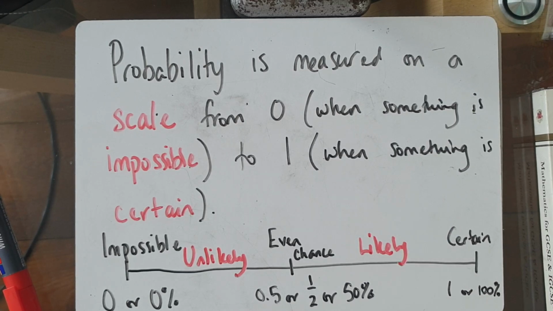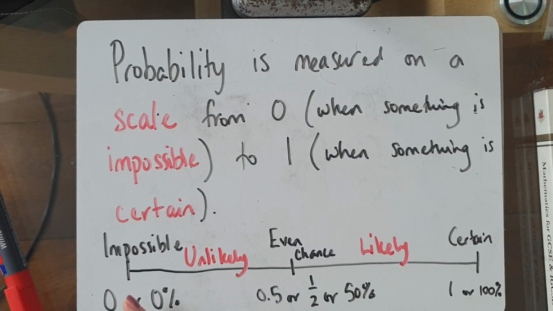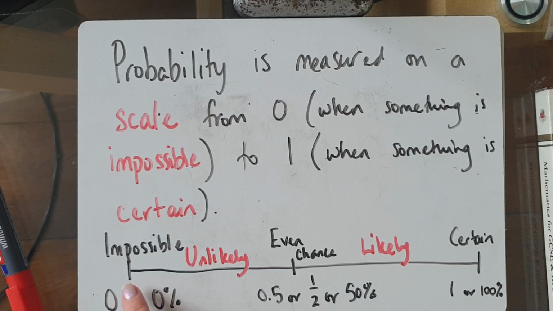Now what I'd like you to do is have a think about what events could go in each of these 3 things: impossible, even chance, and certain. So an event is a thing that happens. So can you think of an example of being impossible, an example of having an even chance, and an example of being certain?